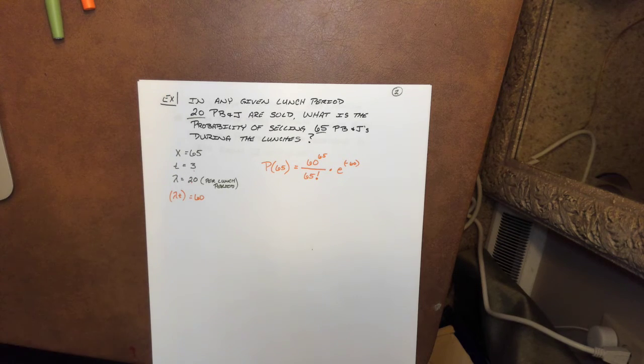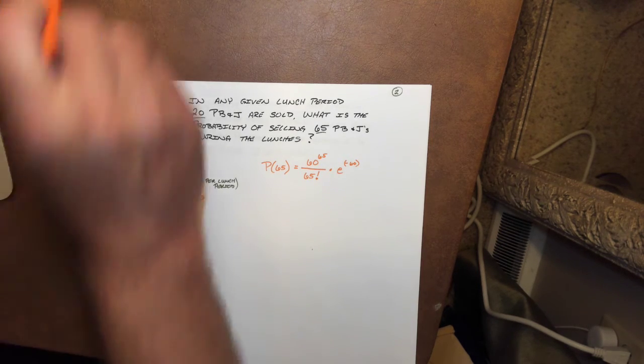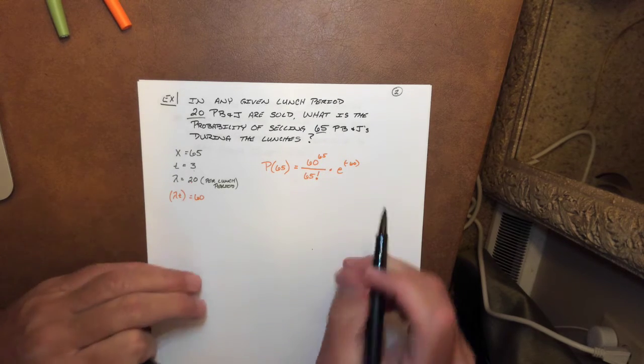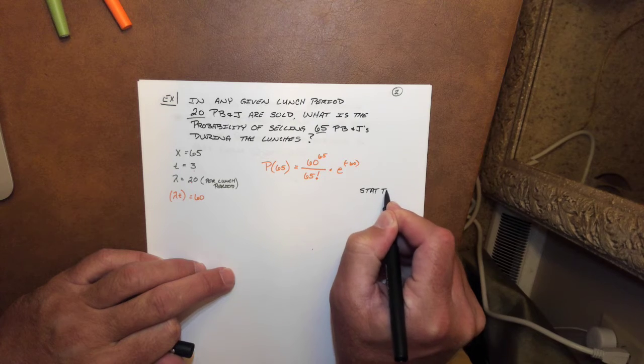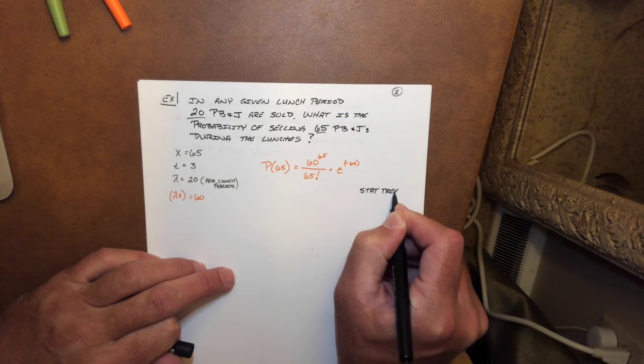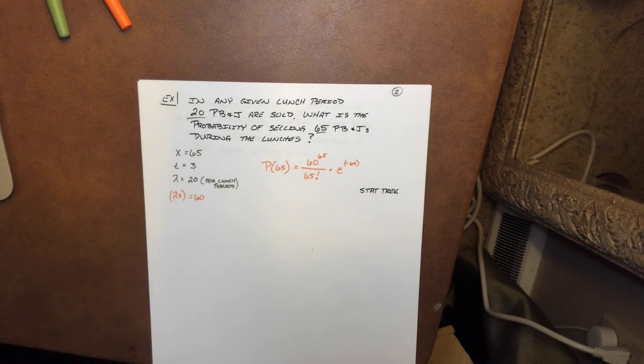So, what do you do? You go to Stat Trek. Go to Stat Trek, the website that we use for the binomial probability, and on the left-hand column, scroll down there until you see where it has the Poisson probability.